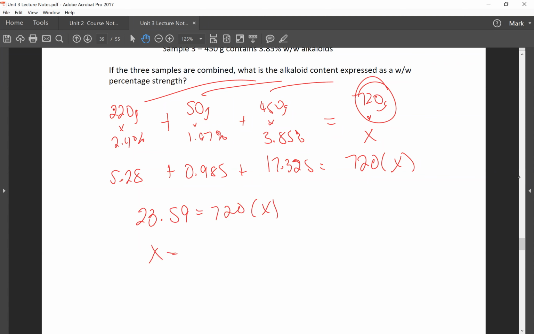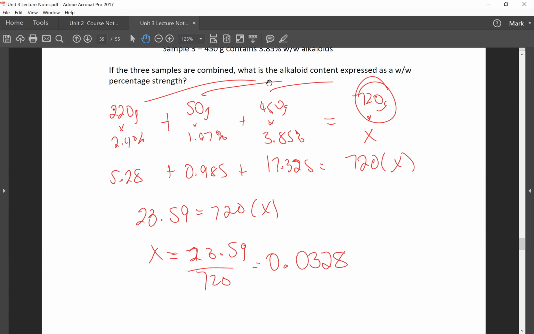So x is going to be 23.59 over 720. And I get, let me just check the chat here to make sure everything's going good with my calculation. Yeah, so I get 0.0328.